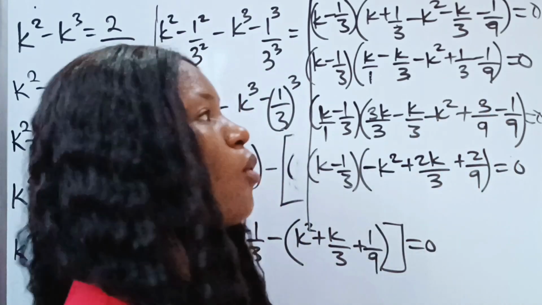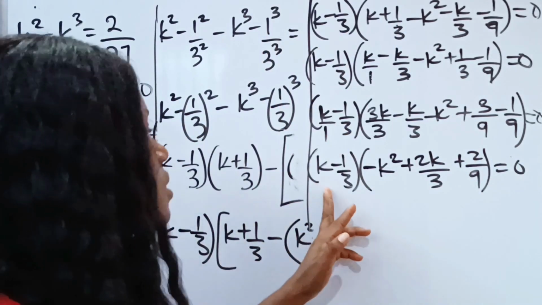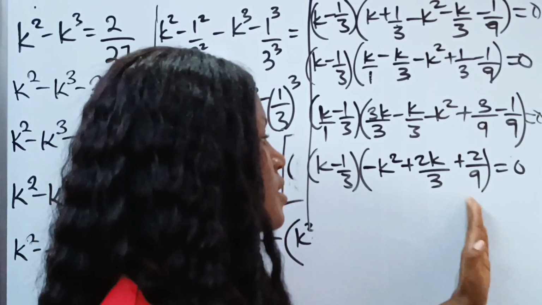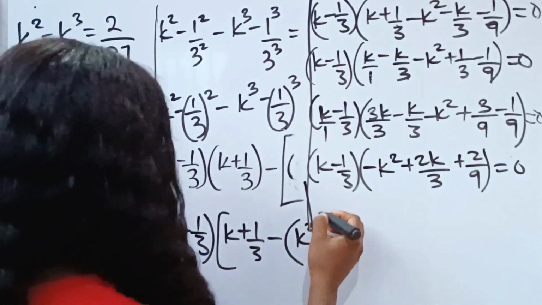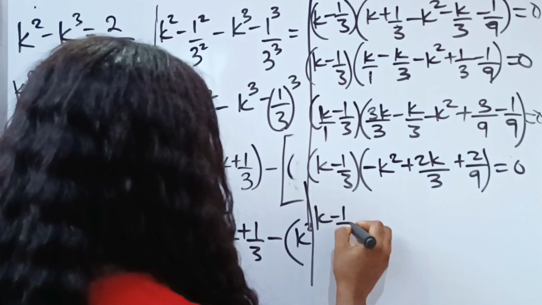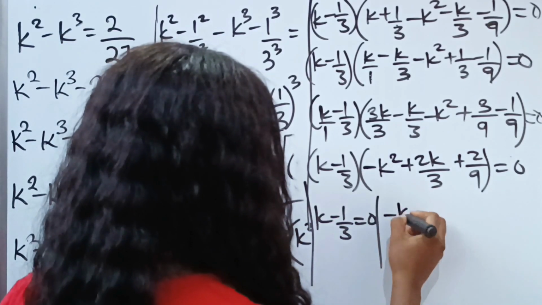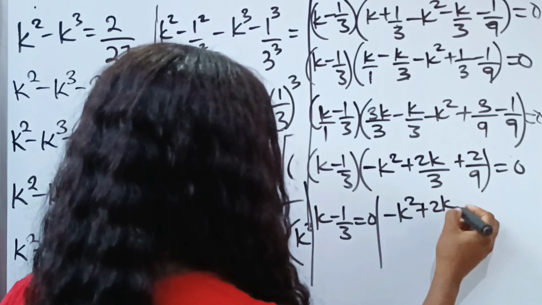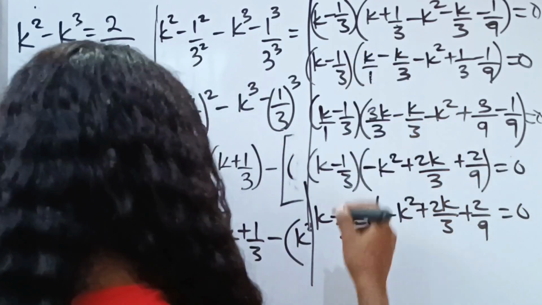Now everything is equal to 0. Okay, now if you look at this, you see that we can equate this to be equal to 0 and this side of the equation to be equal to 0. So we can say that k minus 1 over 3 is equal to 0, or that minus k squared plus 2k over 3 plus 2 over 9 is also equal to 0.